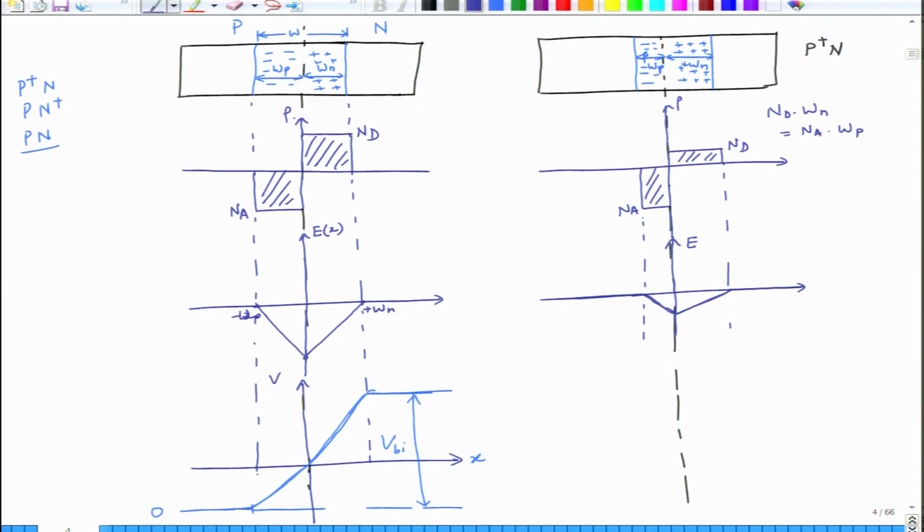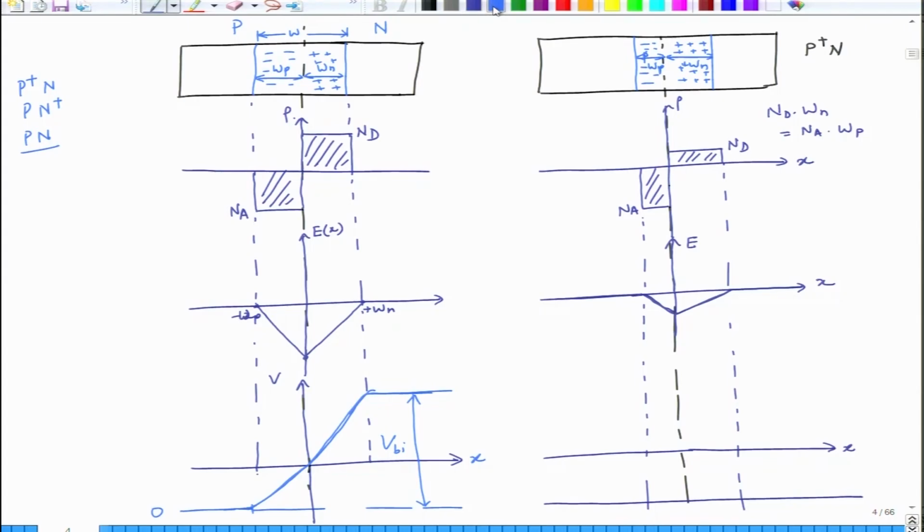Now if I look at the potential, this is X, the potential goes as, this is some level 0.